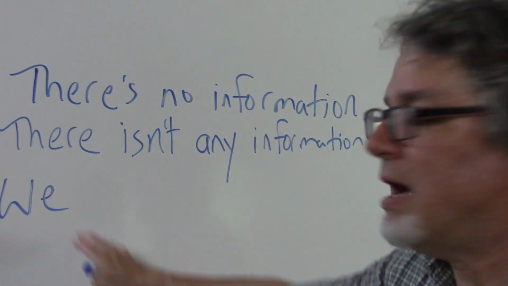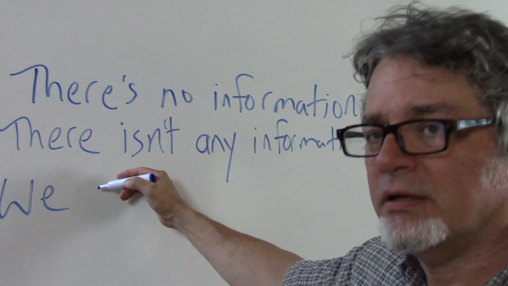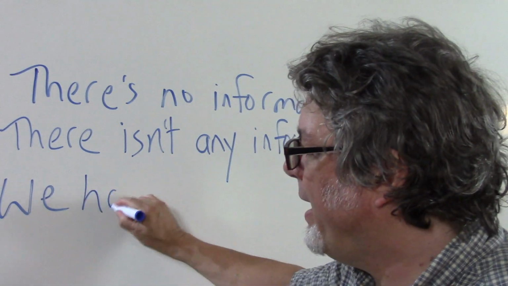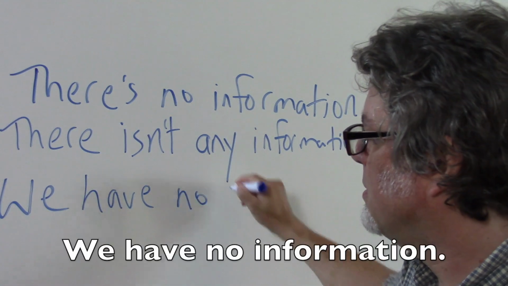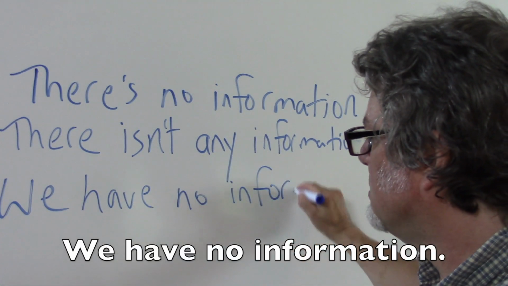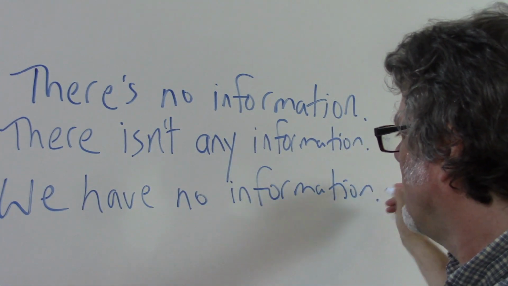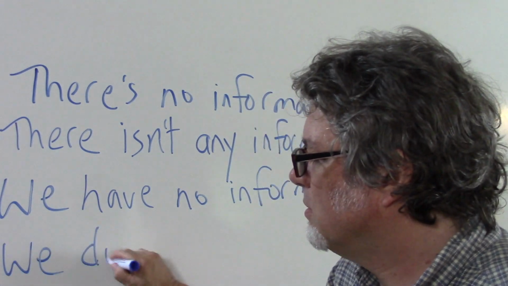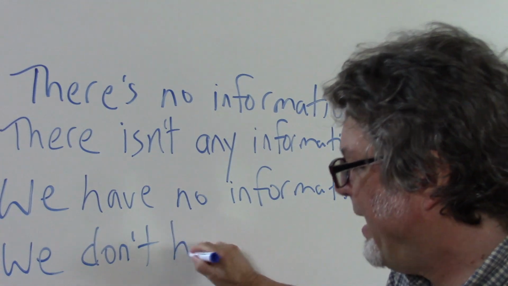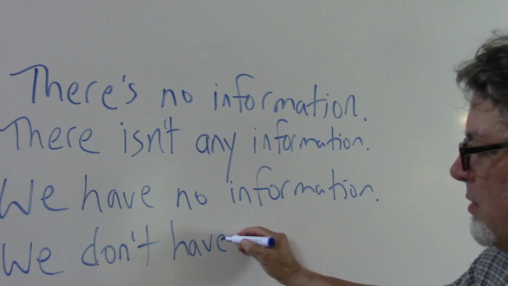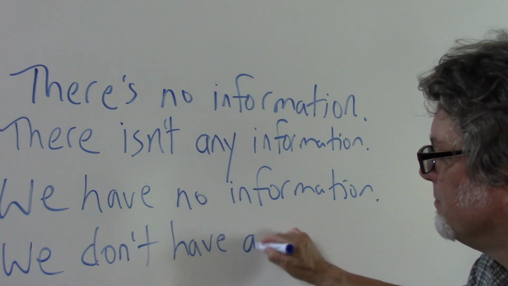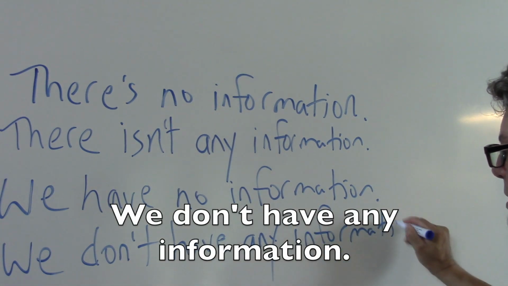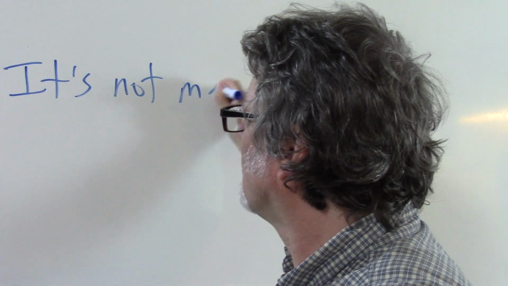If I use the pronoun we, and let's say the main verb is have again, we have no information. Or if I want to use not, we don't have, and then I want the word any information.